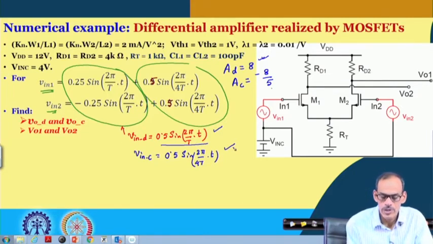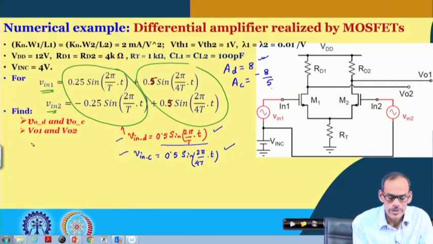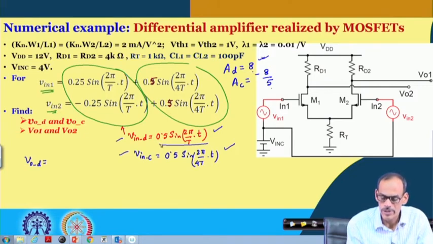Now, using this information, we can say that VOD equals 8 multiplied by this 0.5.